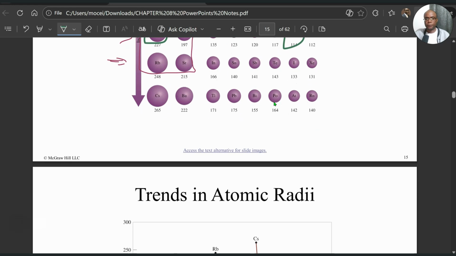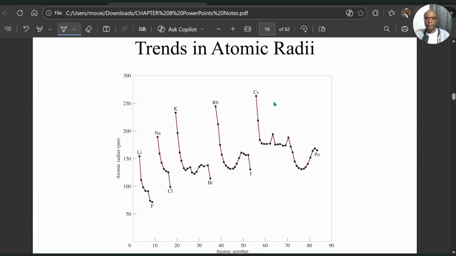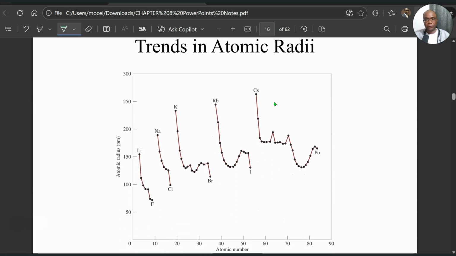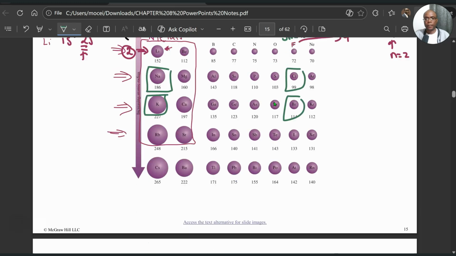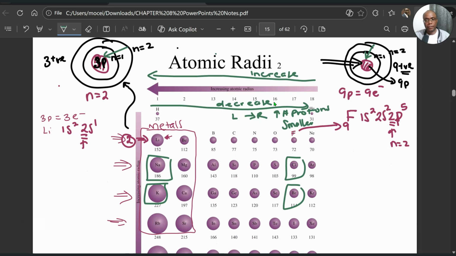All right, so this is just a visual graph showing how things are going. I've explained how fluorine is going to be smaller than lithium. You can see the trend of other elements in between. In between lithium and fluorine, you have other elements. Here is lithium and here is fluorine.